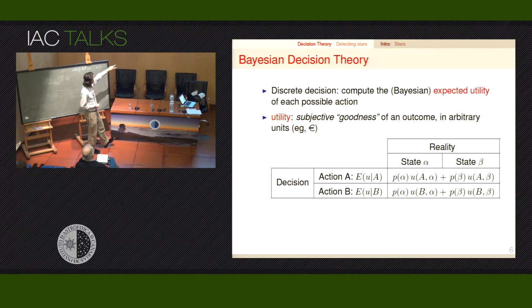So our choice is we can either take action A or action B. And I'm kind of abusing the notation a little bit, but I'm writing down expectations as a big E, and that thing is the thing we're taking the expectation over.